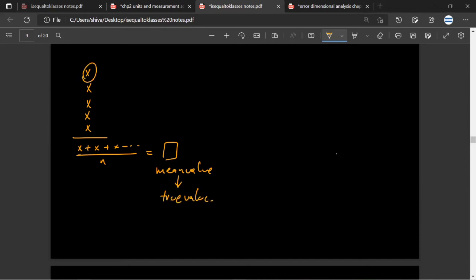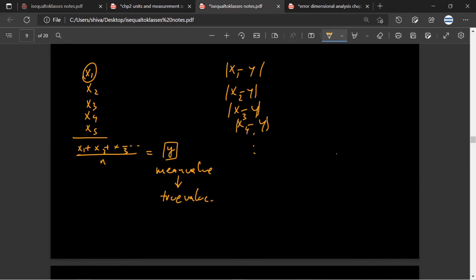Let us assume this to be y. Then I will find the absolute deviation of each of the observations. Let me call these x1, x2, x3, x4, x5, so that my confusion is minimized.